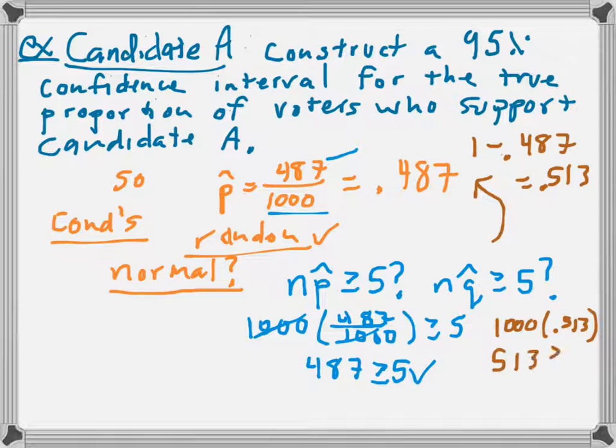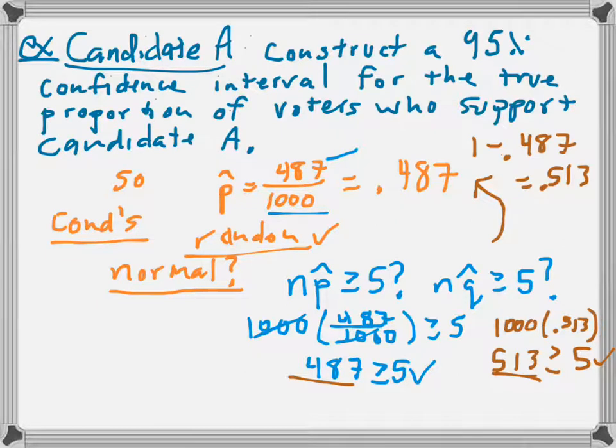That's certainly much greater than 5. This number represents the number of failures, or in this case, the number of people who didn't vote for candidate A. In fact, I could take these two numbers and add them together, and they'll add up to my sample size.